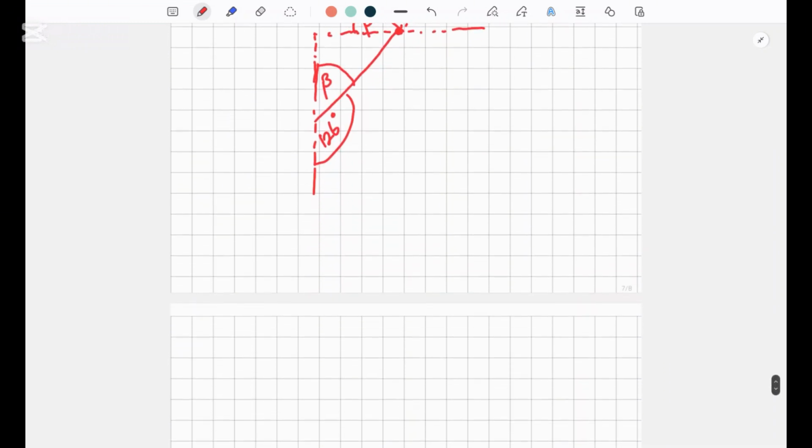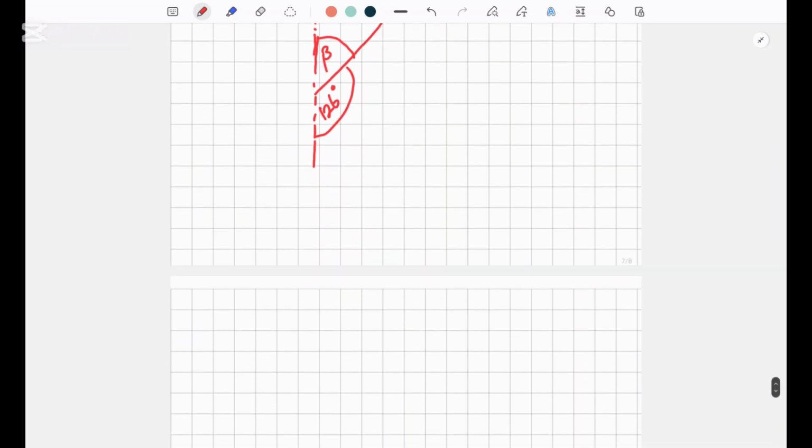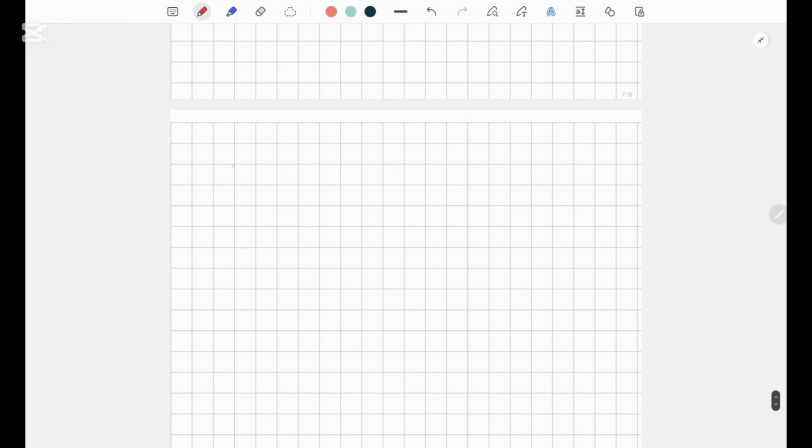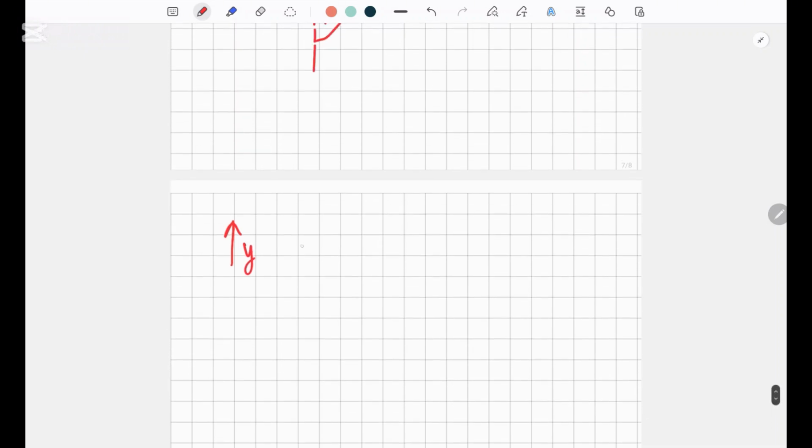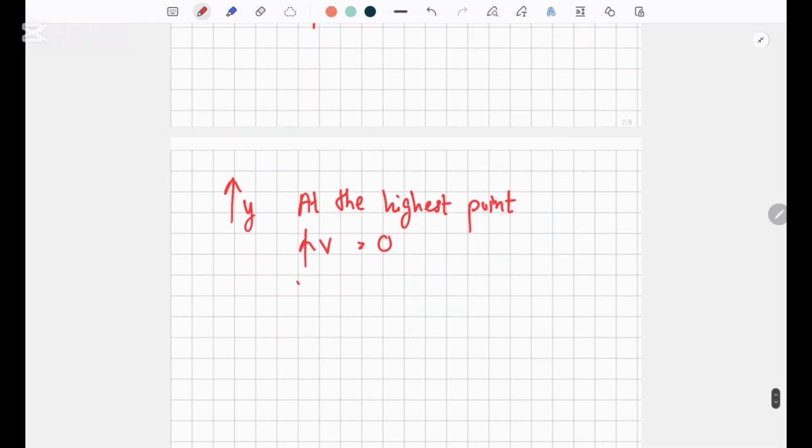Now we use projectile motion. To find the highest point, we have to consider the vertical height, so our y-axis. At the highest point, vertical velocity is 0, so you can use v squared equals u squared plus 2as.